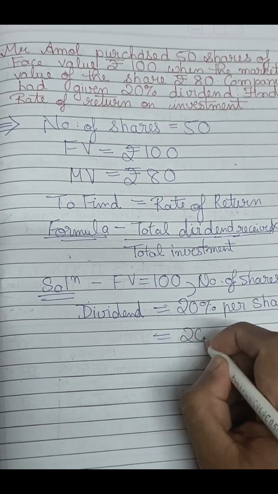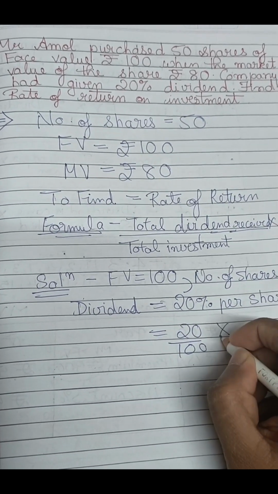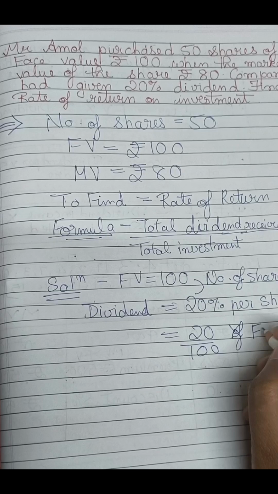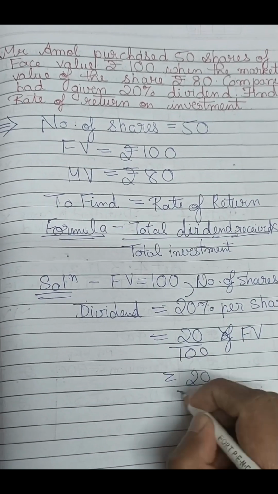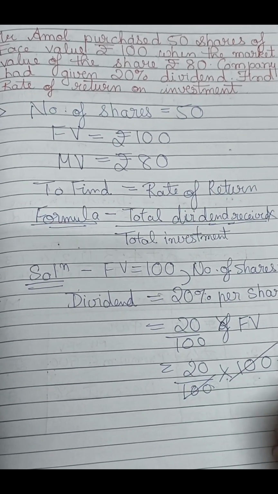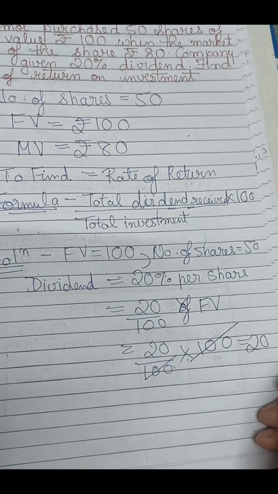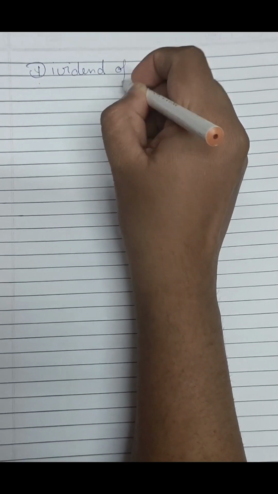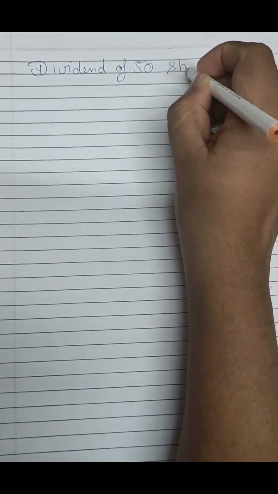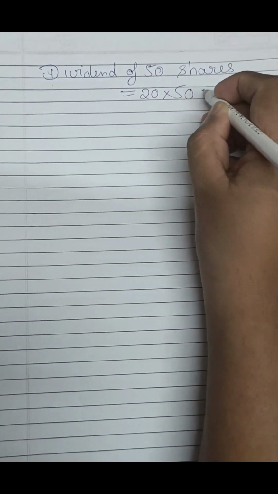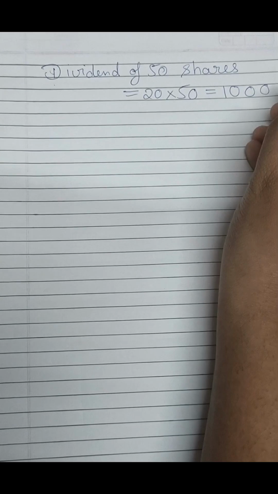So 20 upon 100 into face value, 100. 100 gets cancelled. You're left with 20. So we found dividend of 1 share, right? So dividend of 50 shares is how much? 20 into 50, which is equal to 1000.